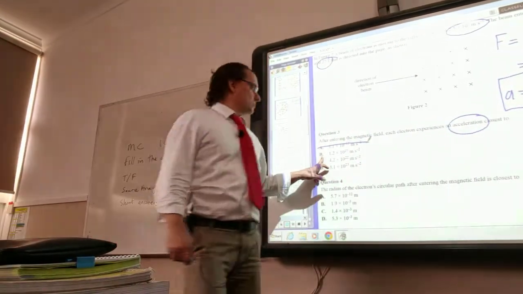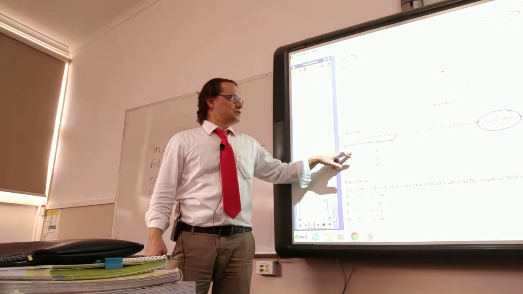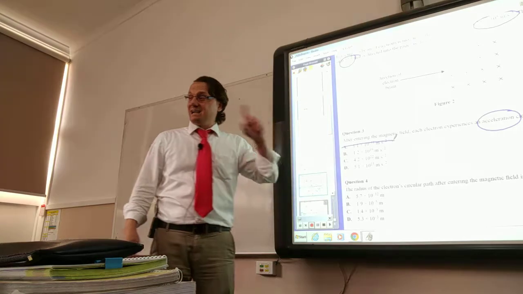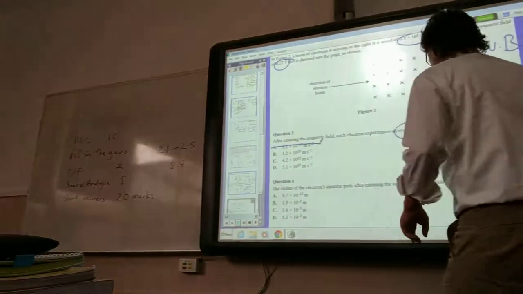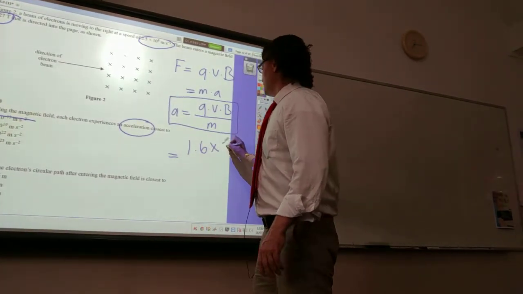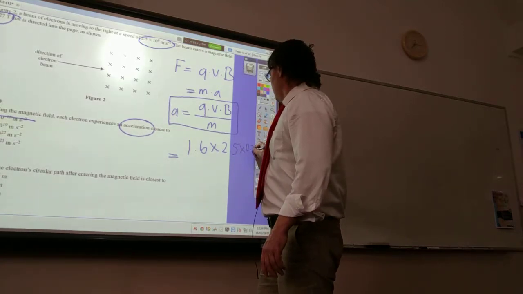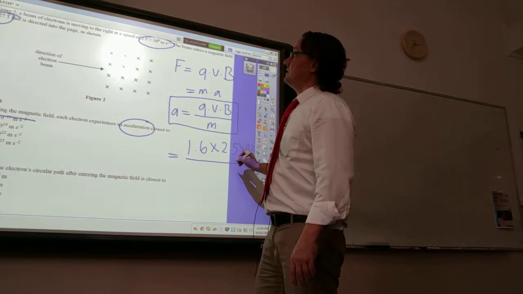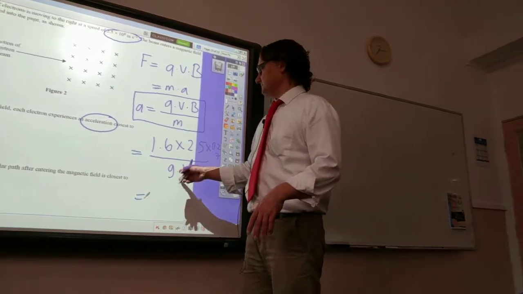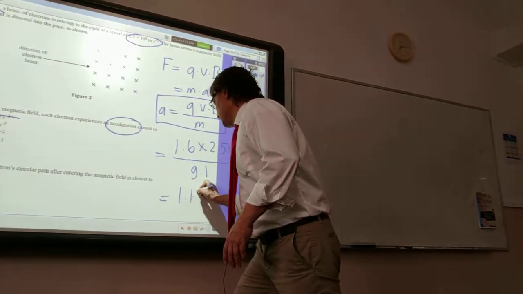Look, in questions like that, I'll tell you a trick. If the choices all have different numbers, what I normally do is just do 1.6 times 2.5 times 0.27 divided by the mass, 9.1. What do you get? 1.18.